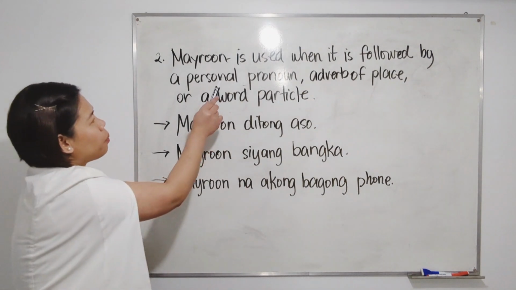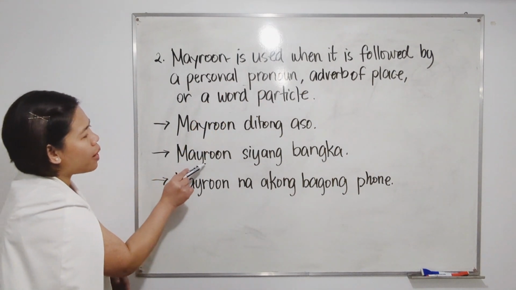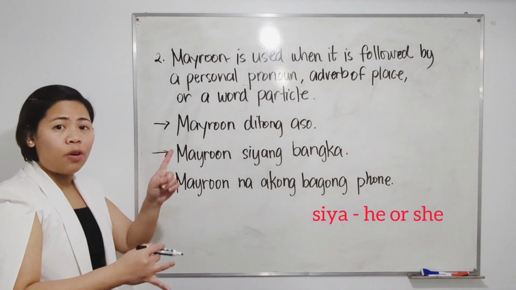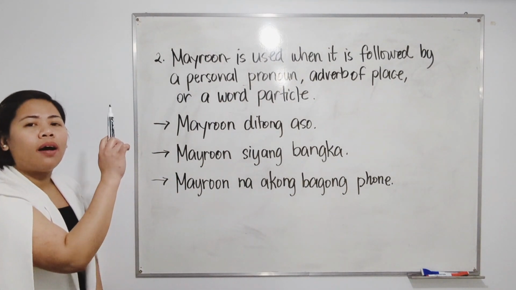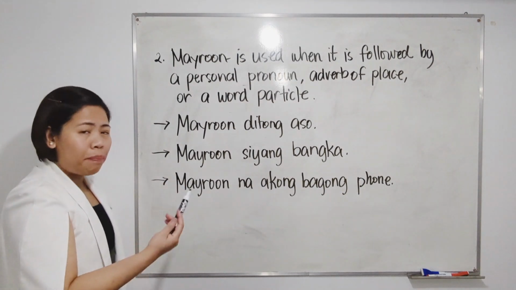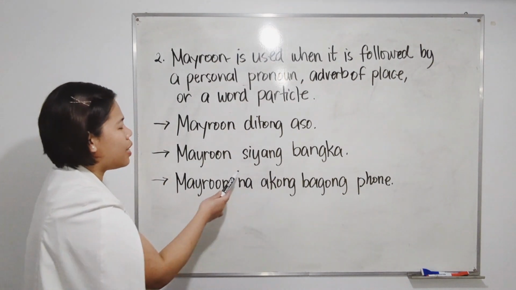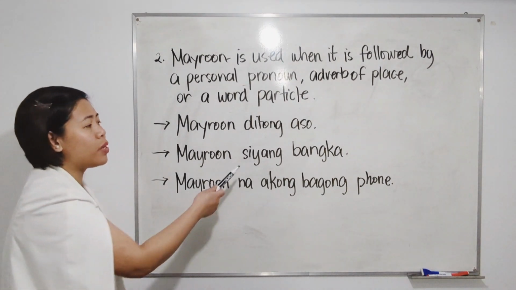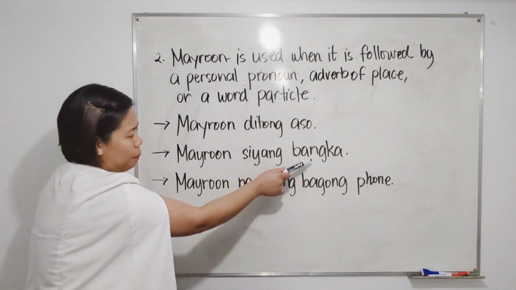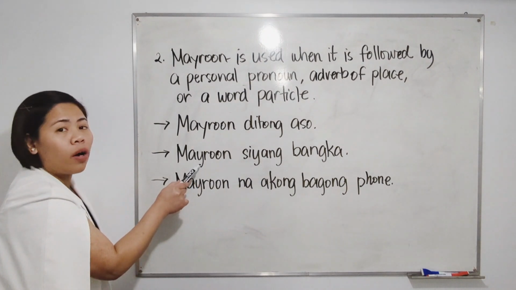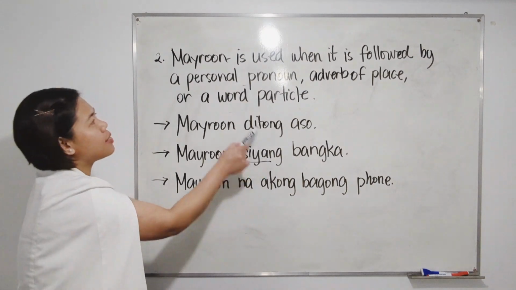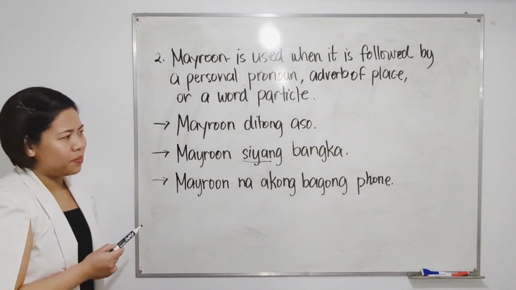It says, "mayroon siyang bangka." Siya is he or she. In the previous example, Lolo has a big boat, right? And then here, if we are going to change Lolo into he, then it would say he has a boat. So we use mayroon, not may.